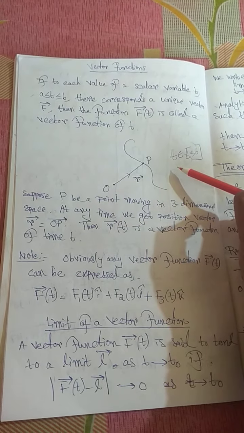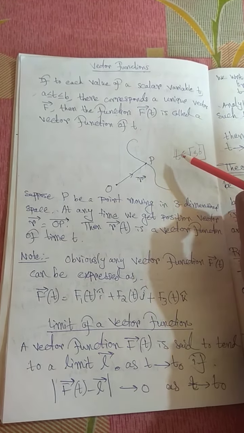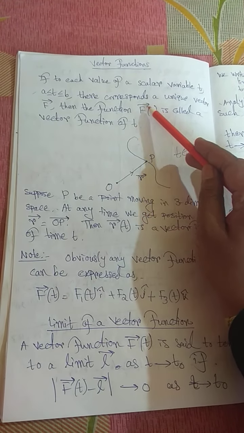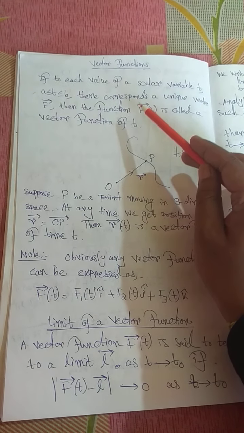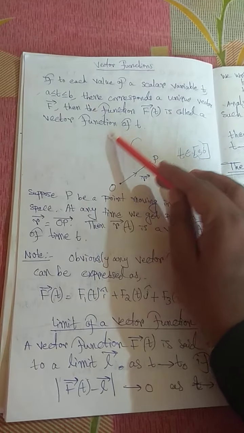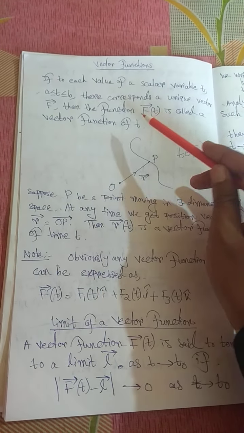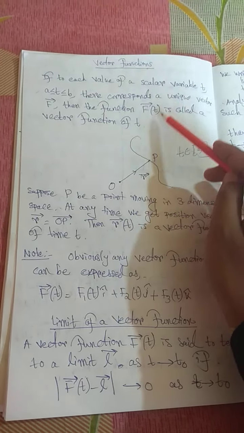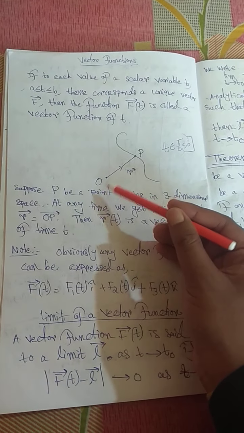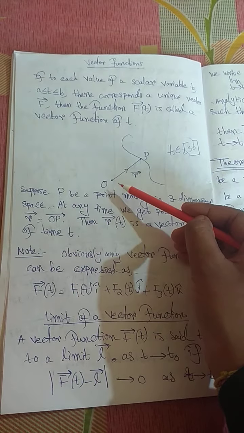That means if t is a scalar variable lying within a to b and corresponding to this t there is a vector f, then the function f(t), where f is a vector and t is a scalar variable, is called a vector function of t. So in a vector valued function there will be a vector f and obviously a scalar variable t, something like this.